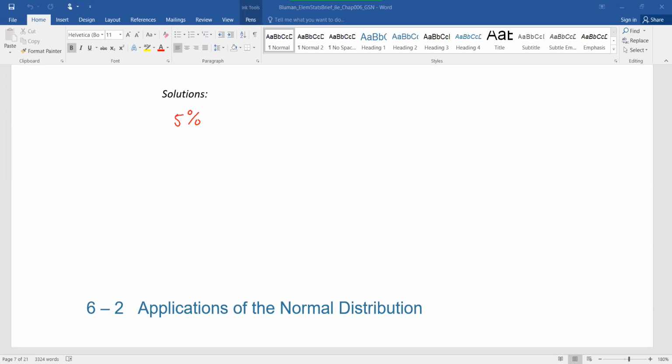So I'm looking for the area on both sides in which it will contain 5%. So what needs to be contained in each one of these percents? If these two have to total up to 5%, it needs to be 2.5% in each one.